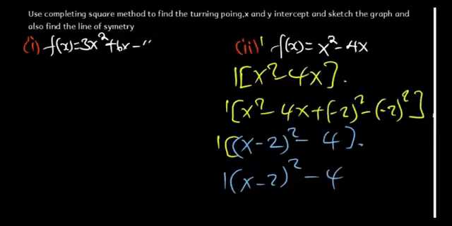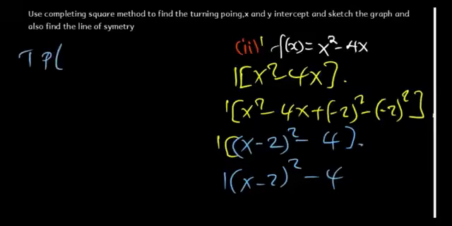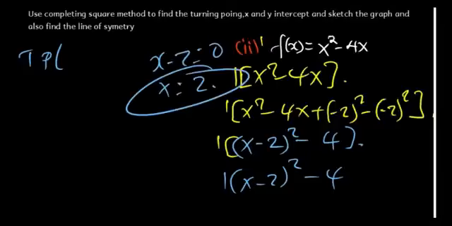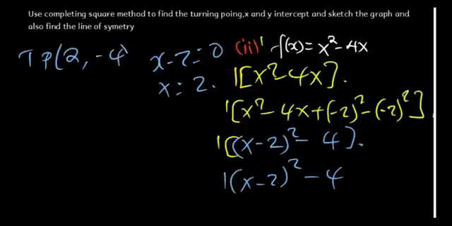Now to find the turning point, I can get rid of this, I no longer need that. This value is supposed to be the opposite. So x minus 2 is equal to 0. Find the value of x. That will be our first turning point, the turning point on the x-axis. So it's going to be 2 comma what? Negative 4. This one you just get the way it is.